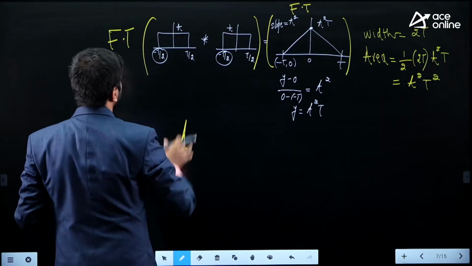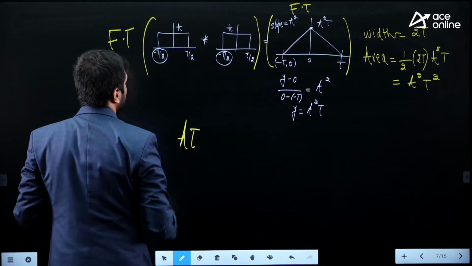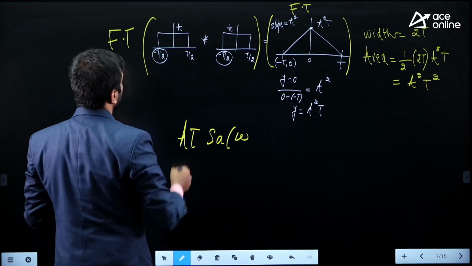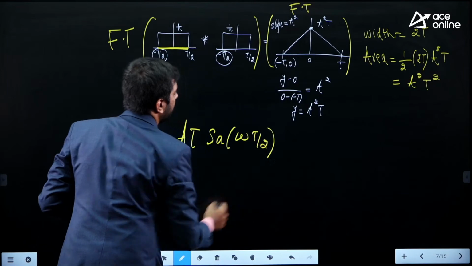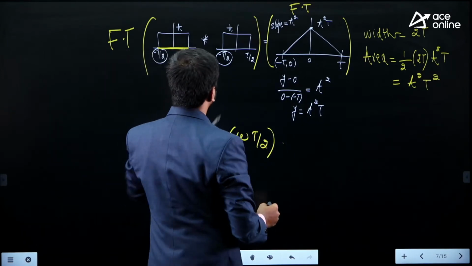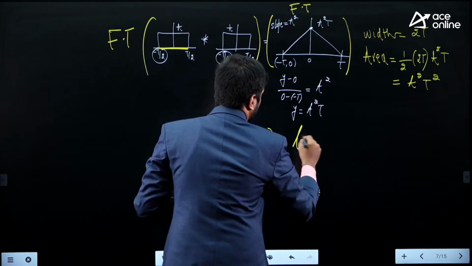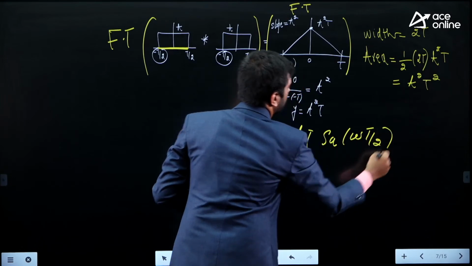It's the area of this rectangular pulse, which is AT, into Sa(omega into width by 2). The width here is capital T, so it's T by 2. This is again the same fellow, so you just take this. So this is AT Sa(omega T by 2).